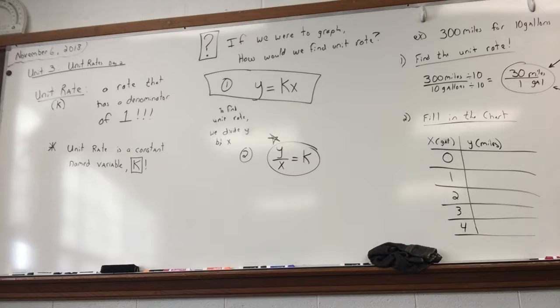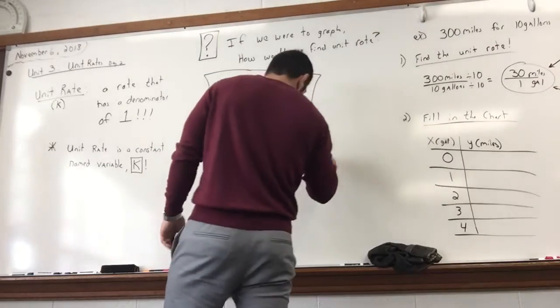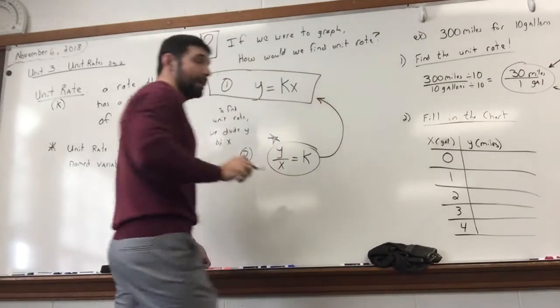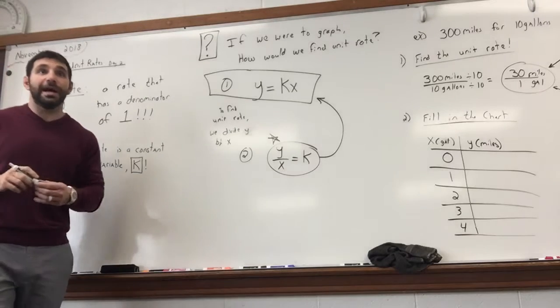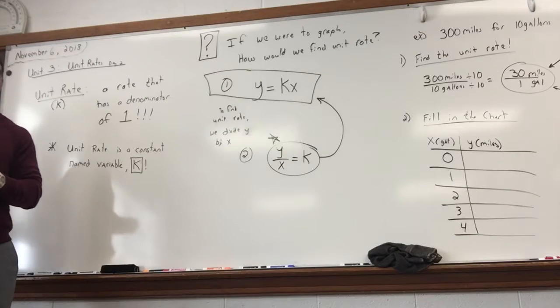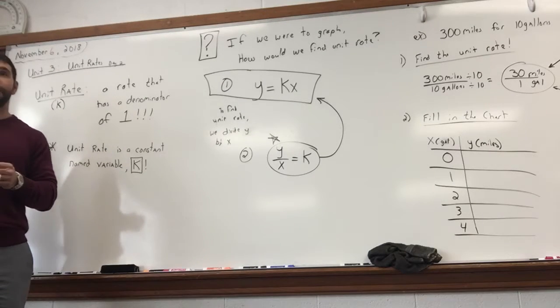What was the unit rate? 30 over 1, x. I had to find my k first, then I can make an equation.